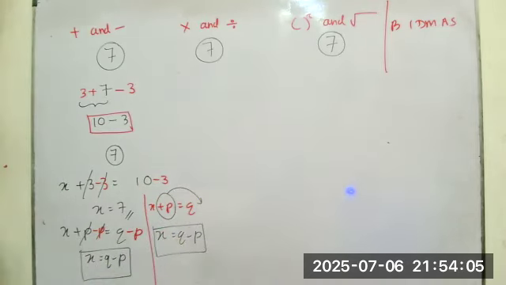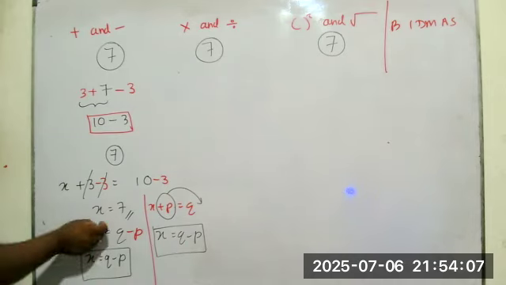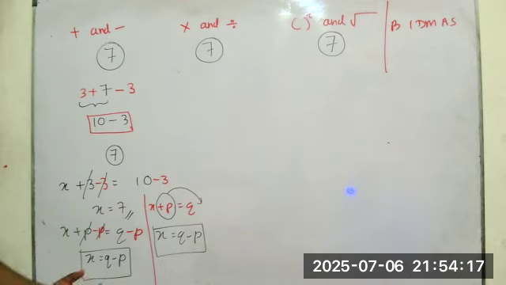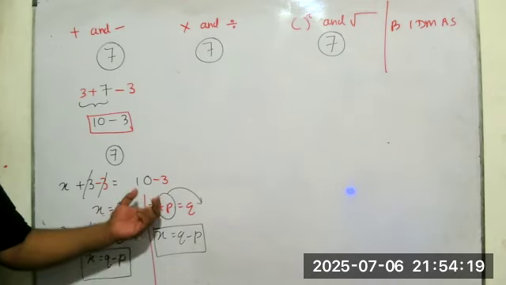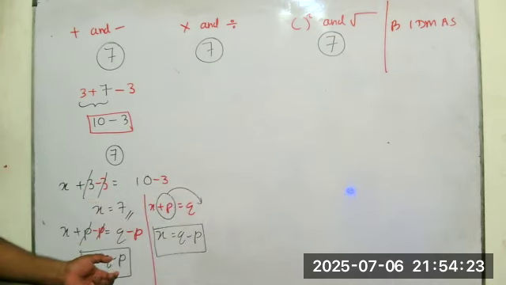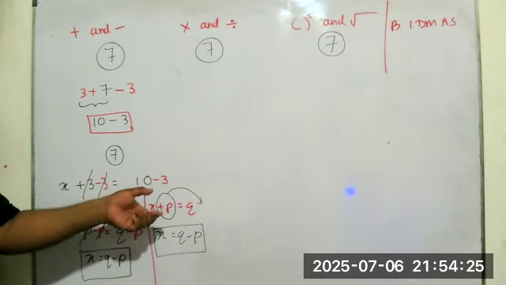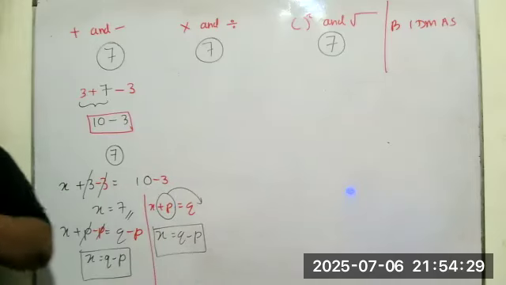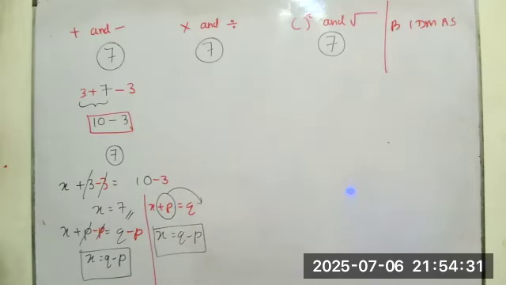Of course, we can introduce minus p on both sides, cancel the p's off and get x equals q minus p directly. Rather than doing this, you get the same answer by just taking plus p to the other side. But here you should understand that the plus p becomes negative as it goes to the other side. Correct?